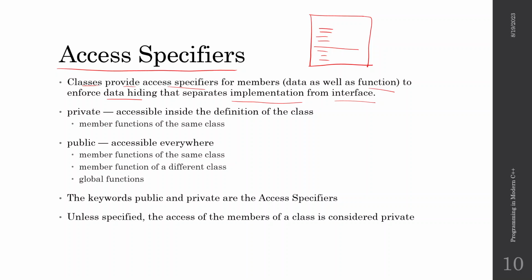So we would like to hide such members from the outside world. What we would do is make them private, and the things that we want to expose, such as the storage location of the file where it's being downloaded, we can make public.